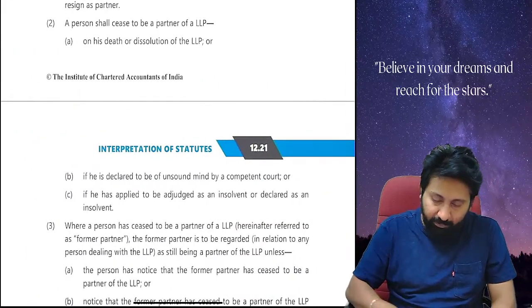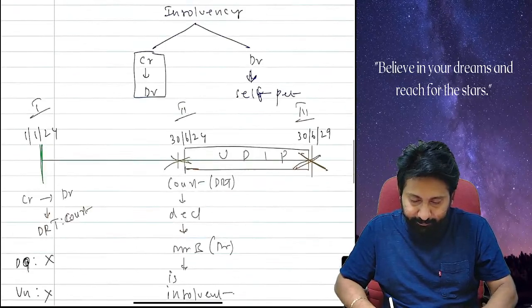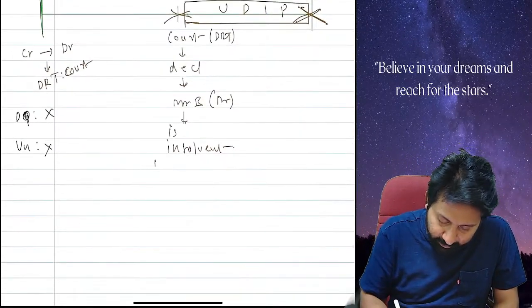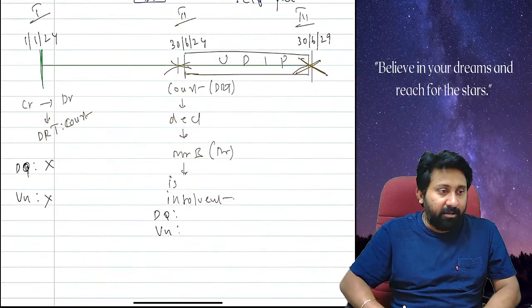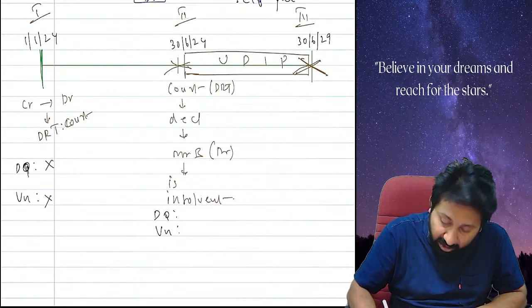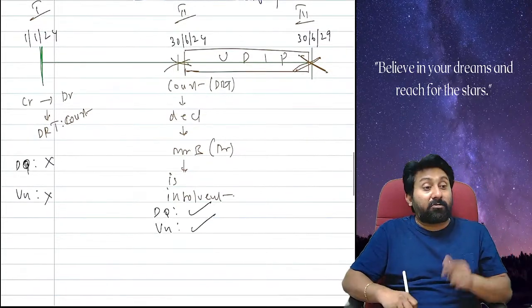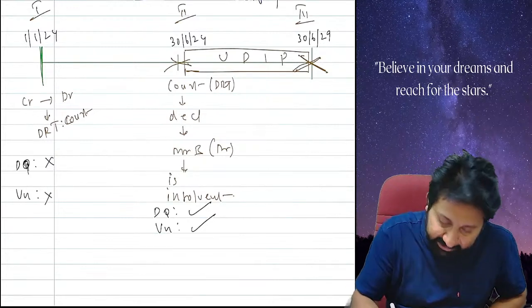Okay. So now the question arises: disqualification will get attracted in the second case or not? Yes. Vacation will get attracted or not? Yes. Disqualification will be for a period, till when? Till 36/2029.